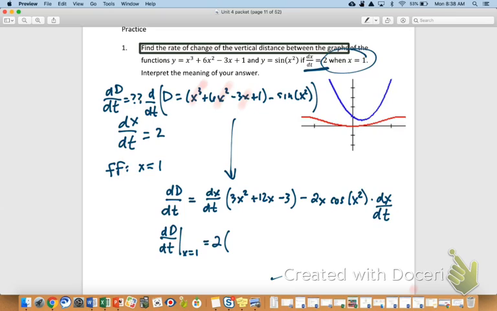So 2, and then x is 1 at the freeze frame, so it'd be 12. So I think with everything plugged in, it would look something like that.